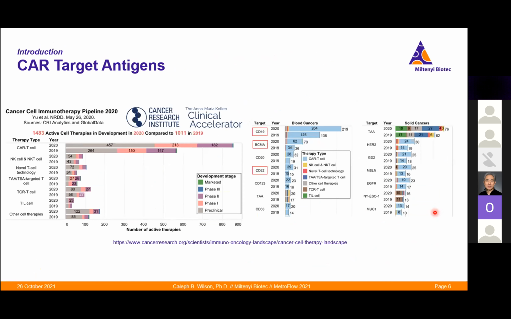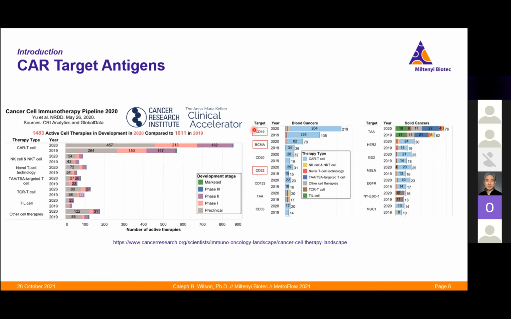The key thing we want to point out here is that from 2019 to 2020, even in the context of COVID, we still have a large increase of CAR-based cell therapies for people.